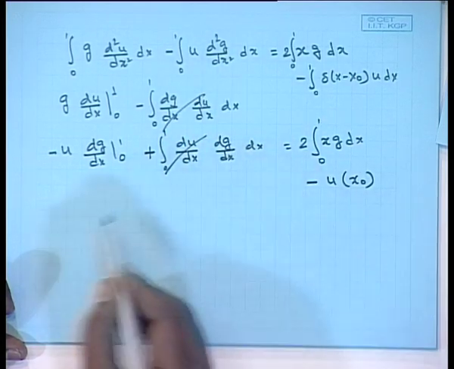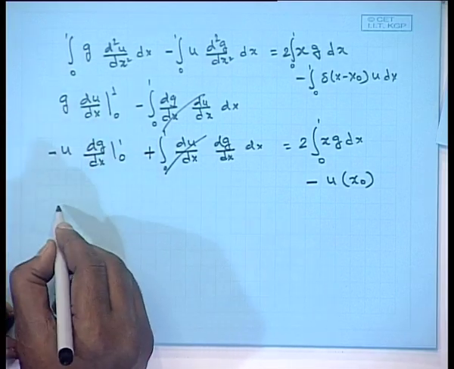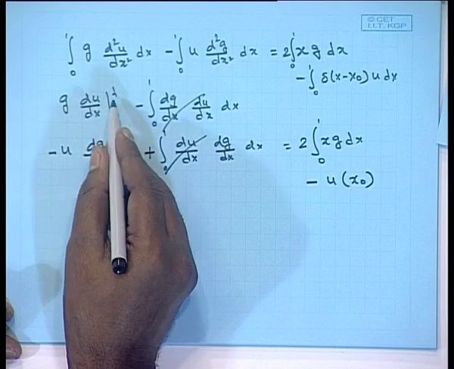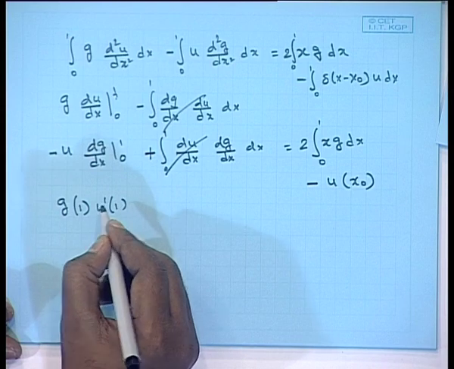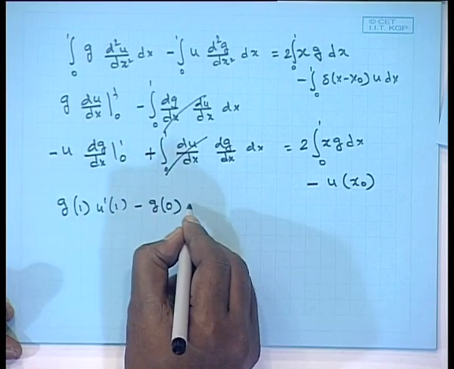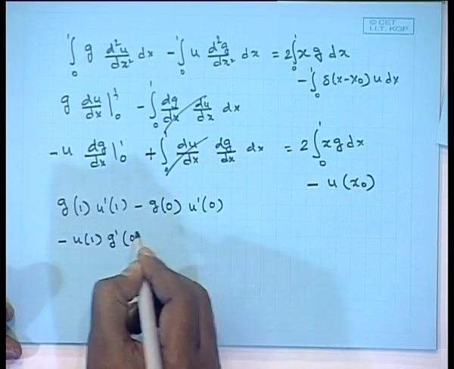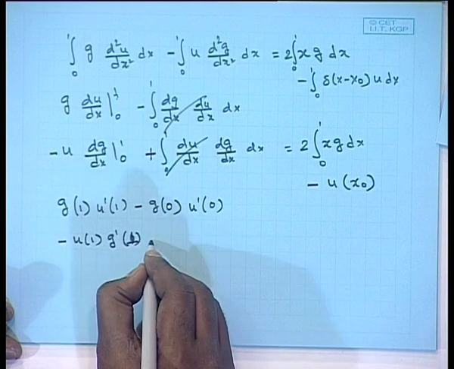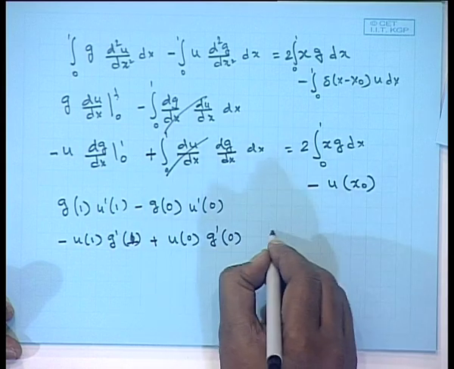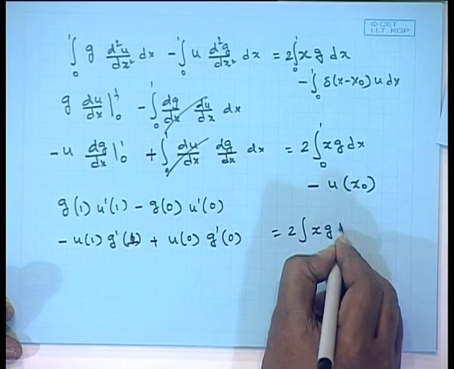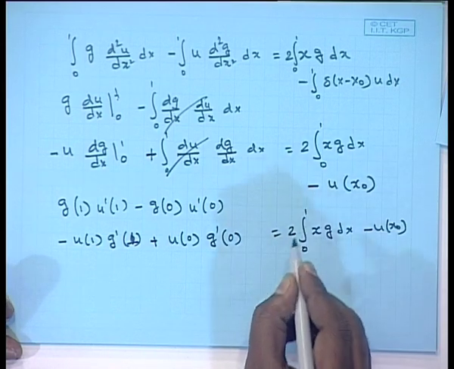Okay. Now, all the boundary conditions on g and u are homogeneous. So this is basically g evaluated at 1, du dx evaluated at 1. So g at 1, u prime at 1, minus g at 0, u prime at 0, minus u at 1, g prime at 1, plus u at 0, g prime at 0, is equal to twice x g dx minus u at x naught, from 0 to 1.